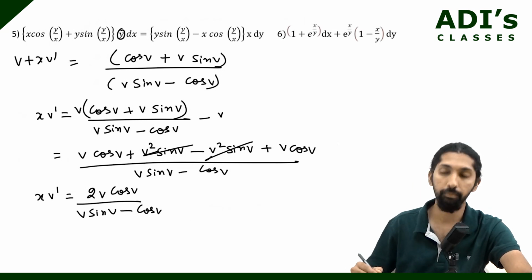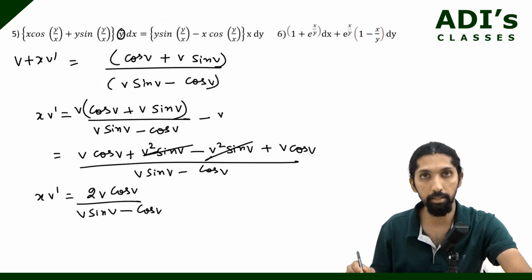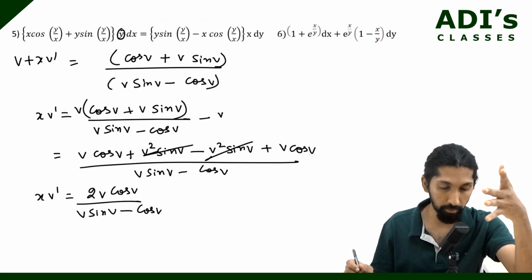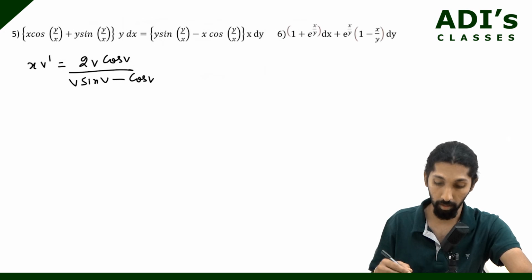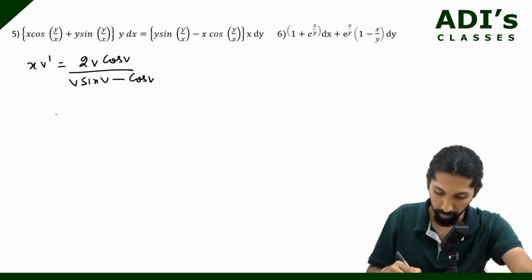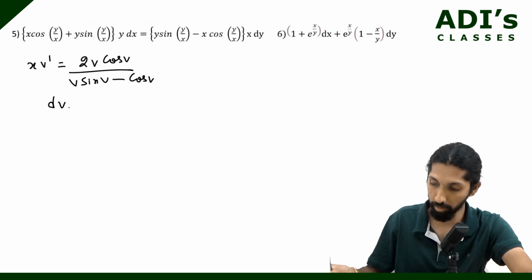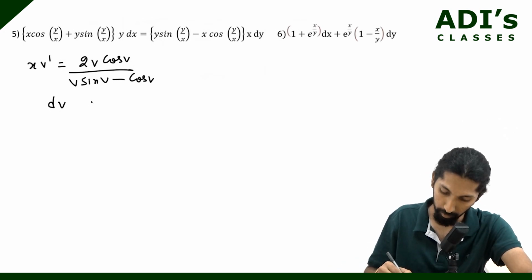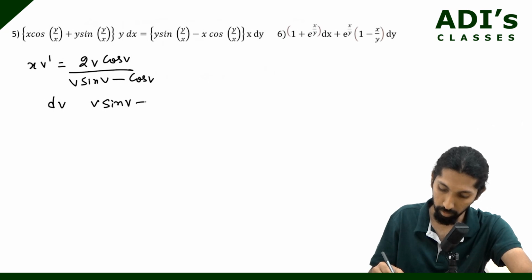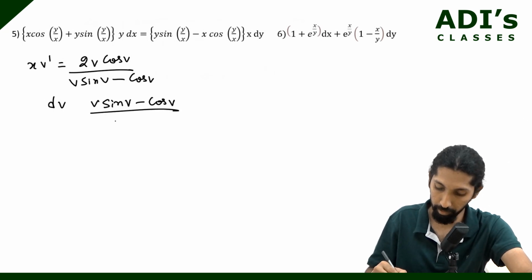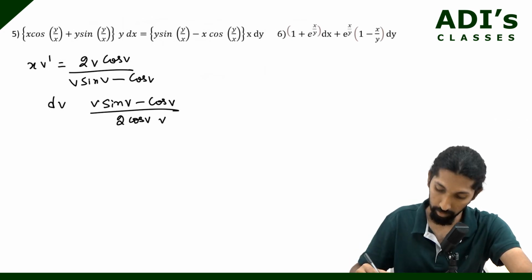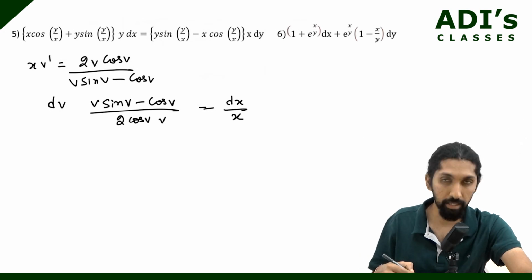Now we do the variable separable method. So we take the v that side, take the x this side, we do the math. dv, or directly we can start by take dv, no problem. V sine v minus cos v divided by 2v cos v, correct, is equal to dx divided by x. LHS we need to simplify a little more further.